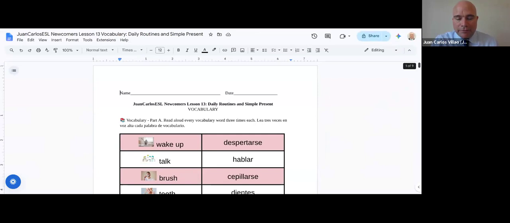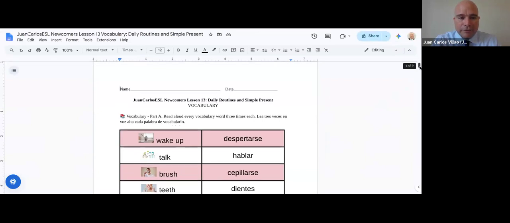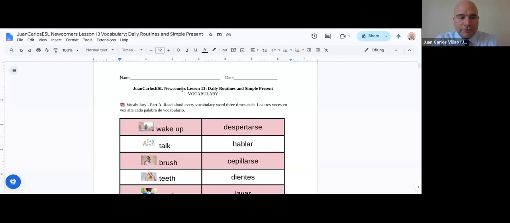So after completing the 30 new words as a class, then students will be reading the same 30 words independently. Después que los estudiantes lo repasen en la clase, también los estudiantes van a tener deber de repasar las 30 mismas palabras independientemente. So this is the vocabulary handout. So you see the name and date.